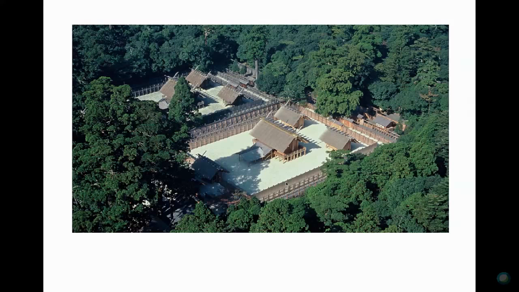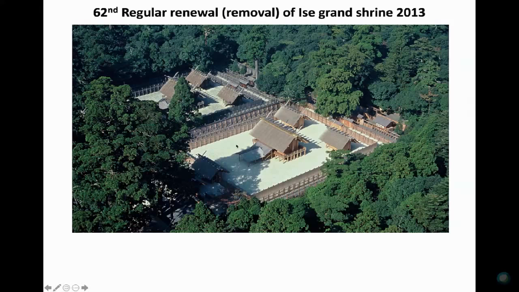One is very new and the other is very old. But actually, this only happens every 20 years. After one is done, the older one will be taken down, and it is a 20 years cycle of renewal.